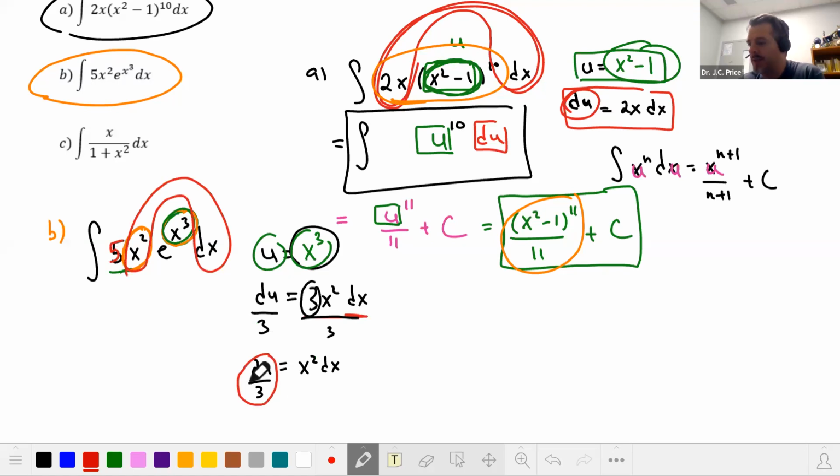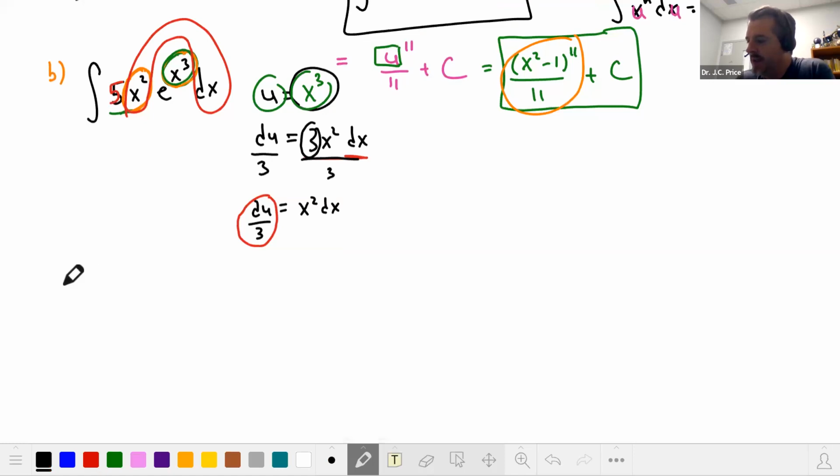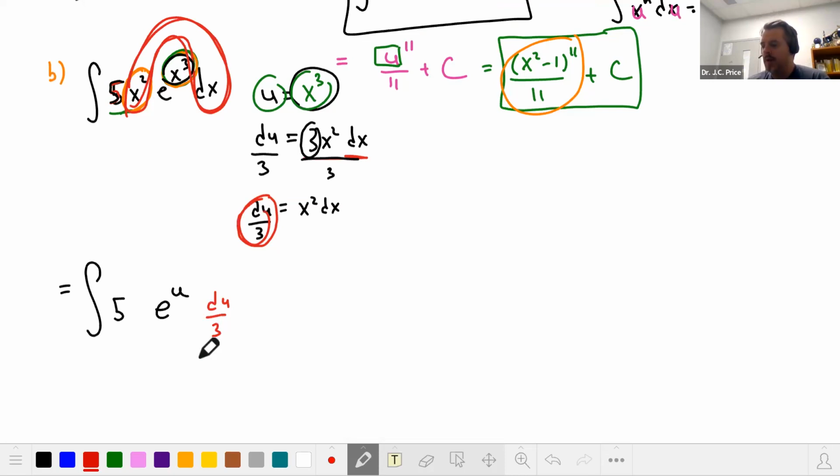And so what is this going to be equal to? I have the integral. The 5 has to stay, so the 5 stays right there. I have this e to the x cubed, so that's going to be e to the u, because x cubed is my u. And then this x squared dx, like I just said, becomes my du divided by 3.